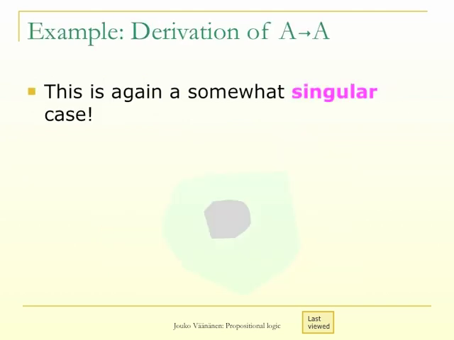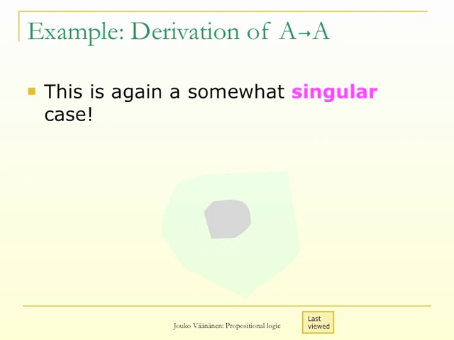Derivation of A implies A. This is again a somewhat singular case. Let us again remark that proving such an extreme case as A implies A may seem totally unnecessary, but it is good to check, because these extremely short deductions are building blocks of bigger ones.